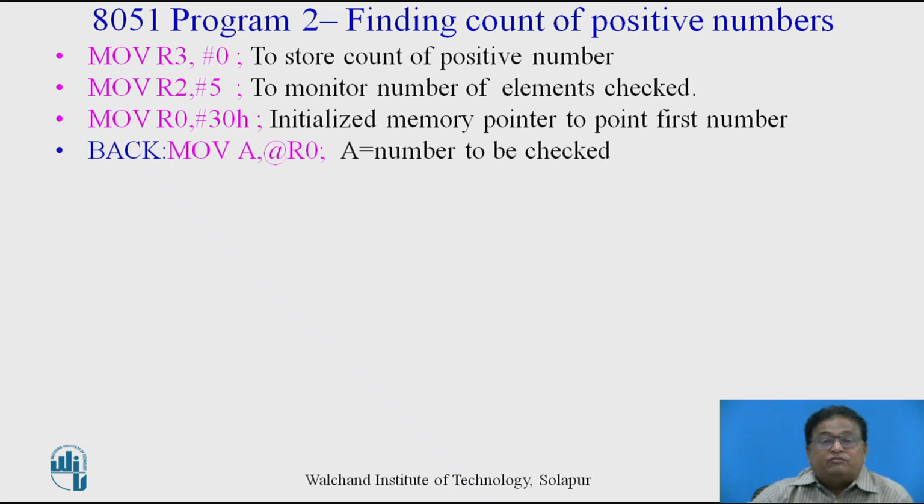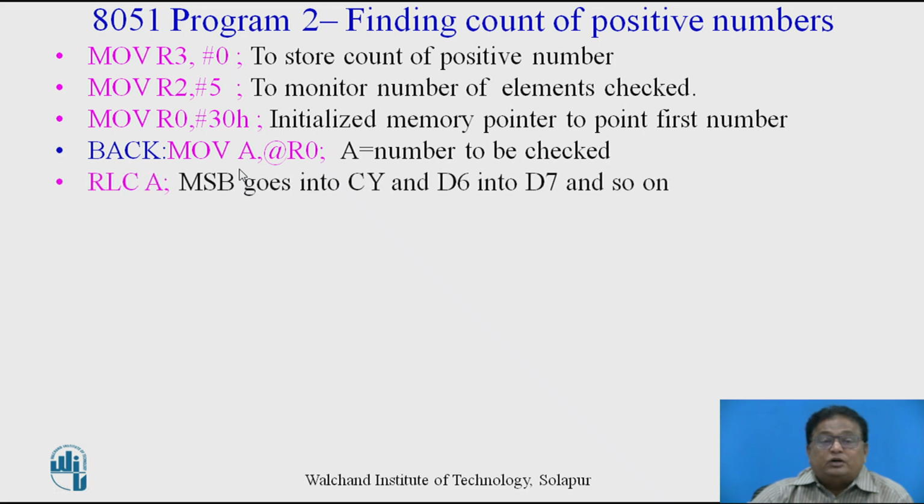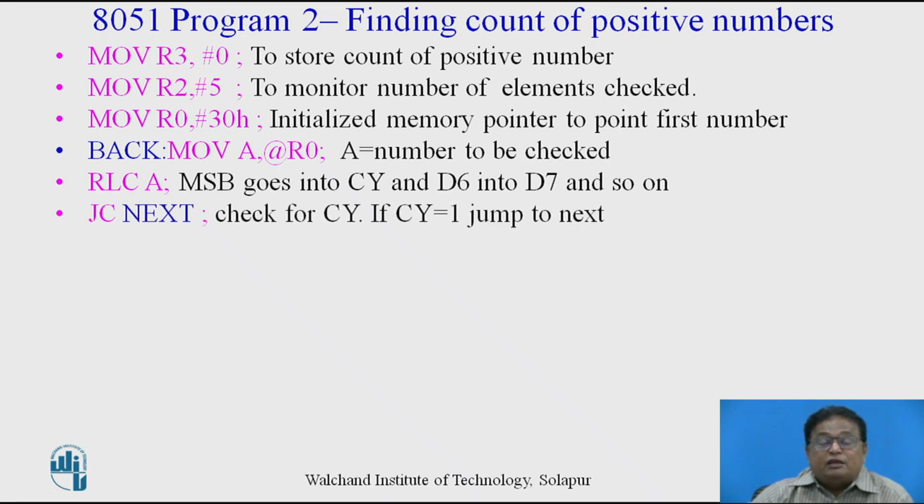Then take the first number into the accumulator. Then rotate the first number left through carry, so the MSB will go into the carry bit. Then check whether the carry bit is set or not.